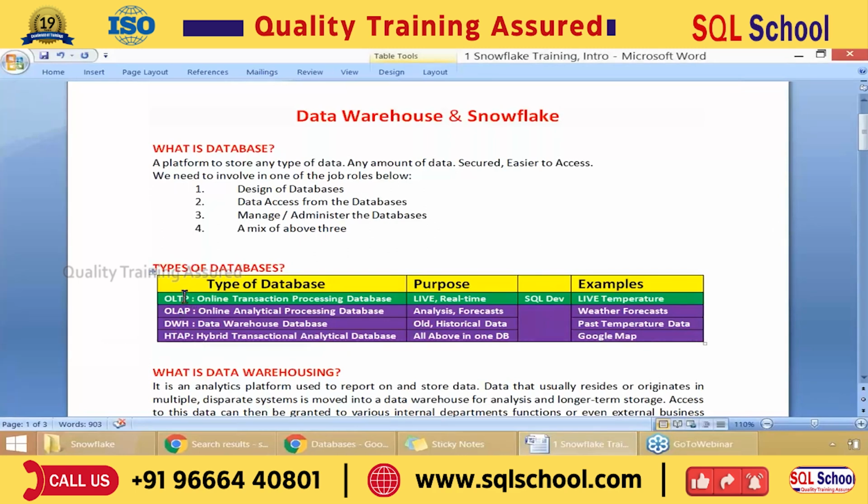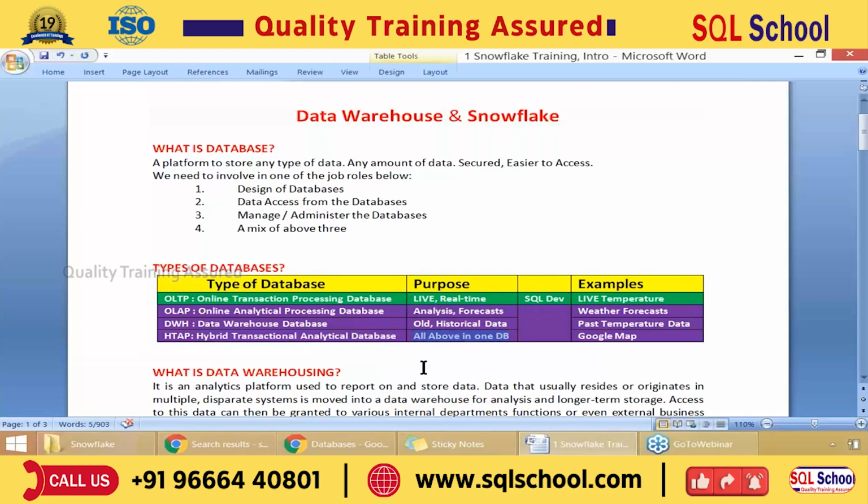First, OLTP, online transaction processing database, mainly to store live real-time data. We have OLAP, online analytical processing database, for analysis and forecast activities. Then we have data warehouse for old historical data. Then we have HTAP, hybrid transactional analytical database, like all-in-one.